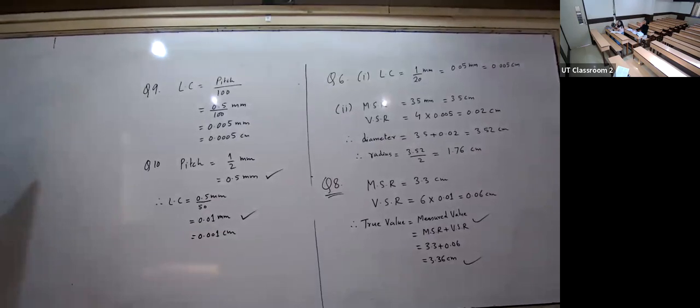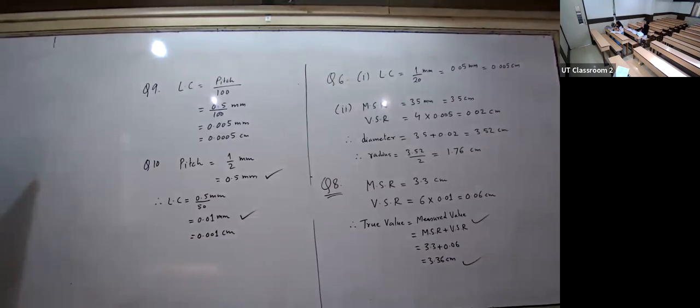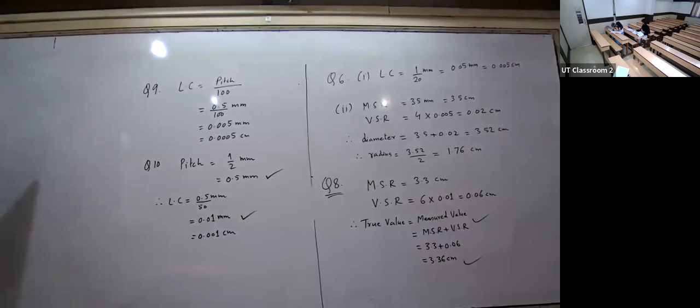See, millimeter to centimeter conversion: 1 millimeter is 0.1 centimeter. So it will be 0.001 centimeter.